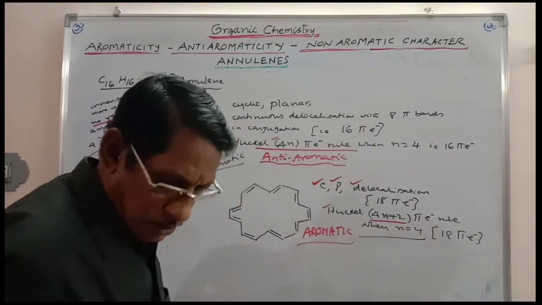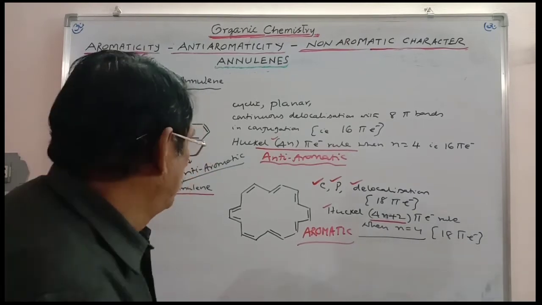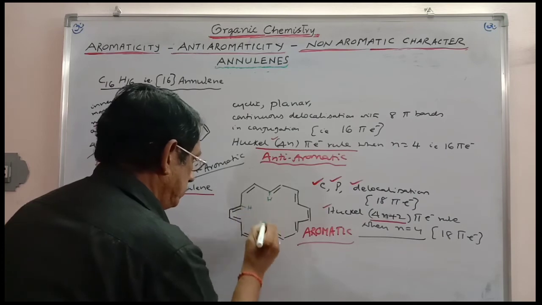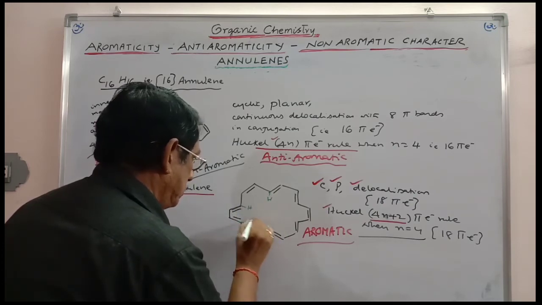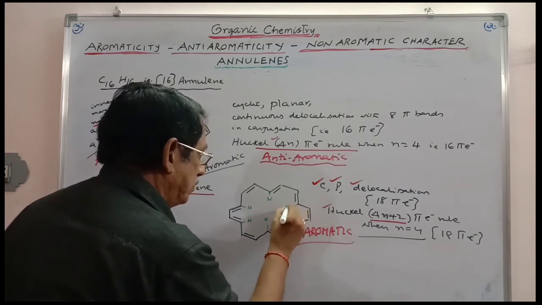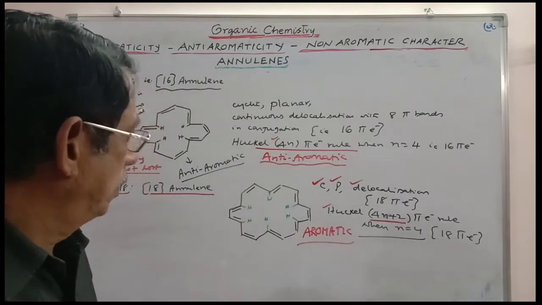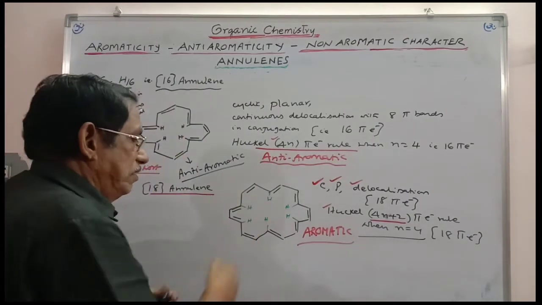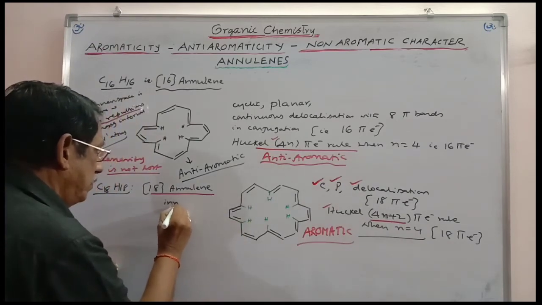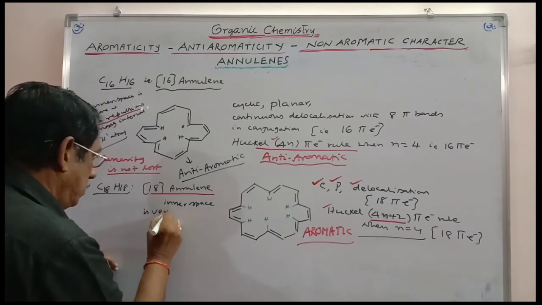Now consider the inner hydrogens here also. This is one hydrogen, this is the second hydrogen, this is the third hydrogen, fourth hydrogen, fifth hydrogen, sixth hydrogen, like this. You can take inner hydrogens. The inner space is very large.